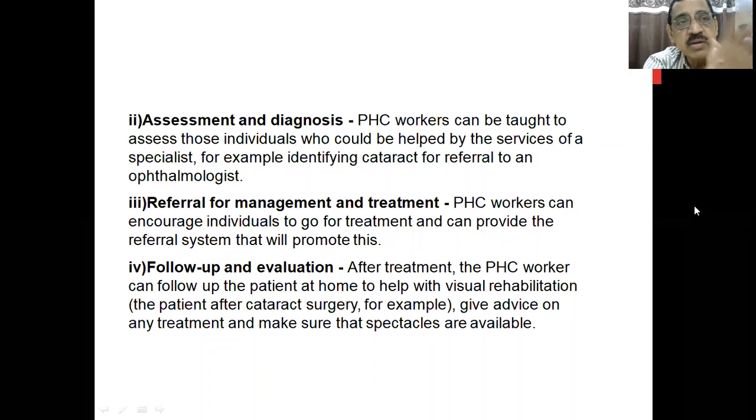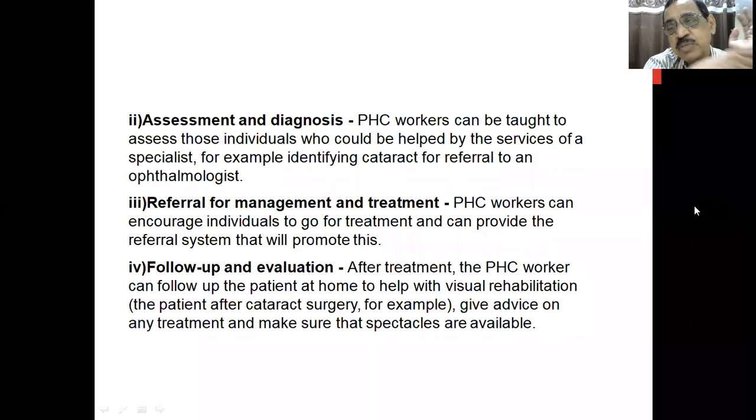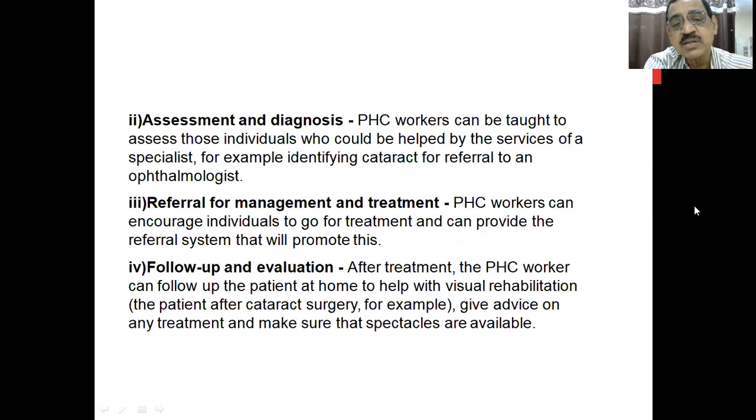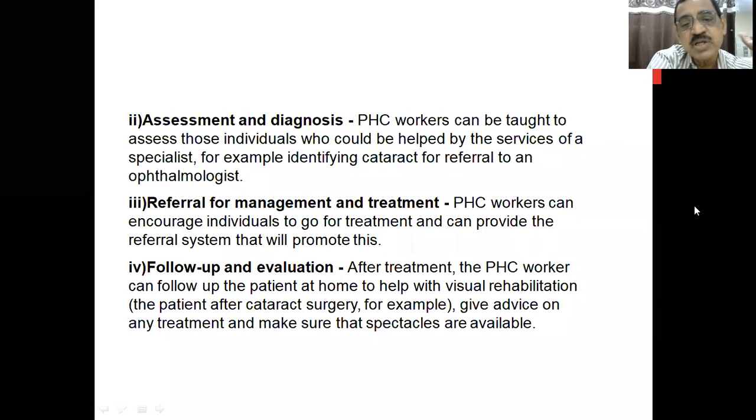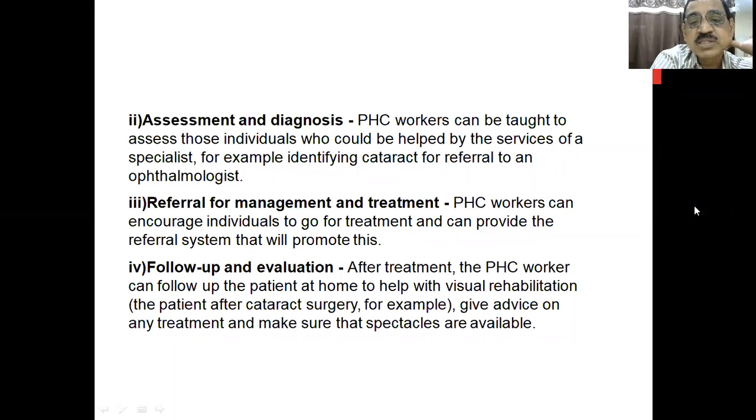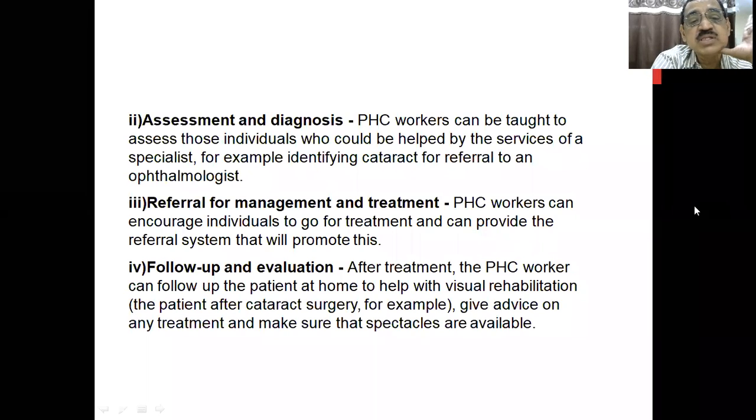They will write the examination just like you people, the theory, and they will also have the clinicals and orals. So 2 years, and later on they will be given a diploma known as paramedical ophthalmic assistant or optometry. So BSc optometry and MSc optometry are also there, but the primary healthcare workers are mostly paramedical ophthalmic assistants, and these people are taught to assess the individuals who could be helped by the services of a specialist.